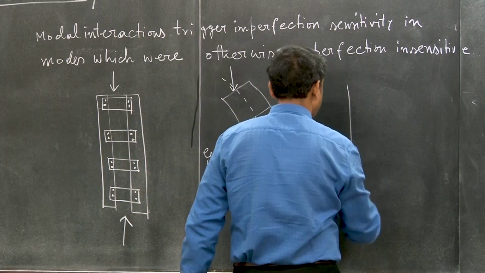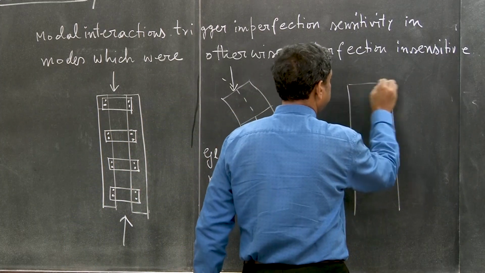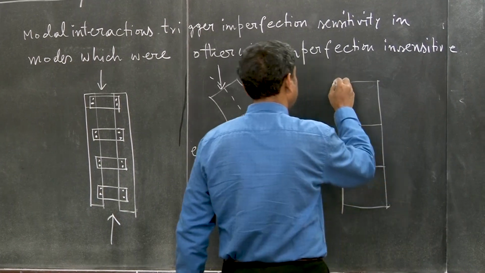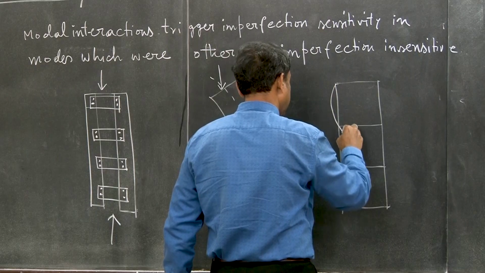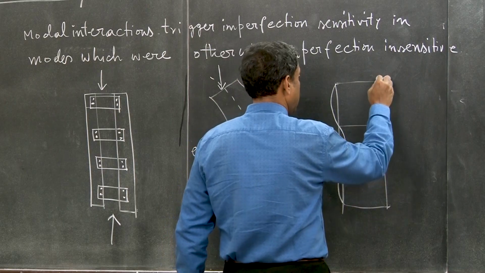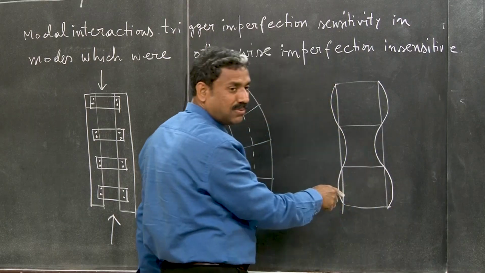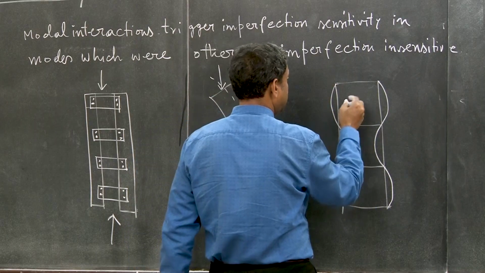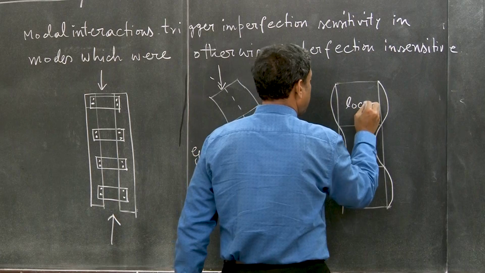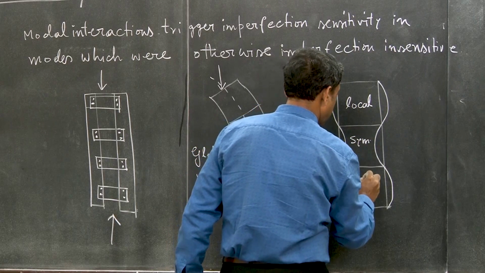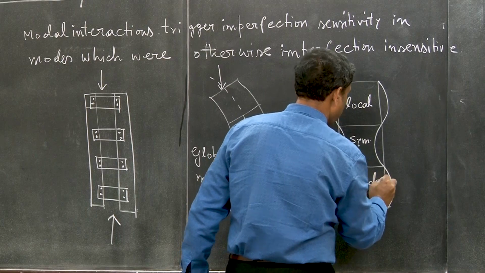There can be another, local mode. How will it be? Because they are battened, there can be something like this. This is local mode, and this is symmetric local buckling mode. Why is it local?